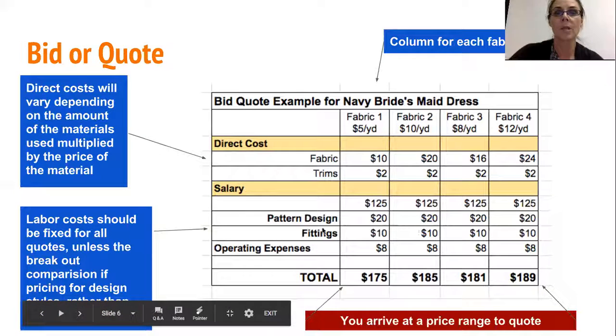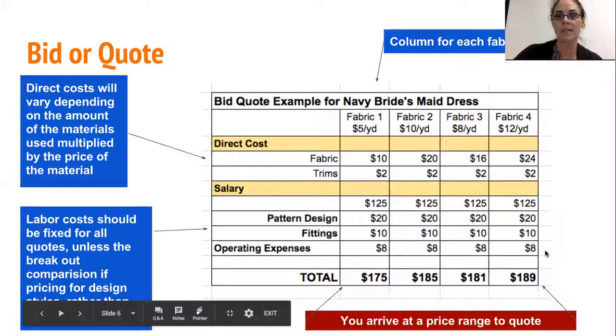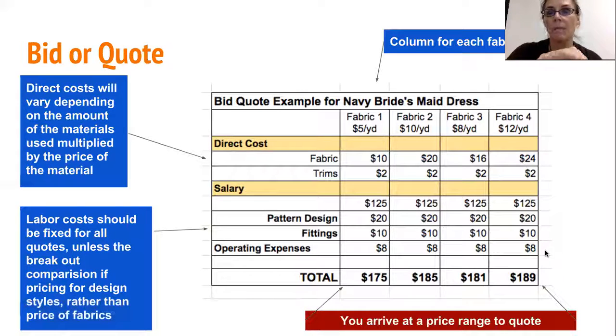Fittings: she comes and spends time at your studio to try on that dress. That's time you're not sitting down and sewing, but you are still dealing with the project. You charge for that. And operating expenses, that's talked about in the lessons for Sewing for Profit, and it's $8.